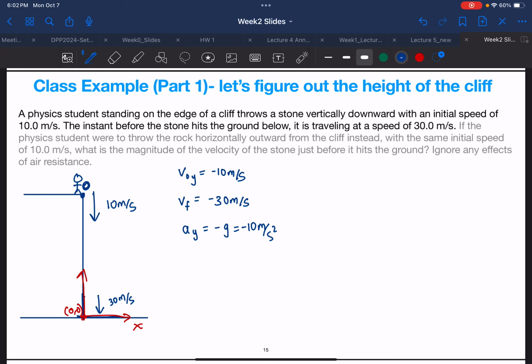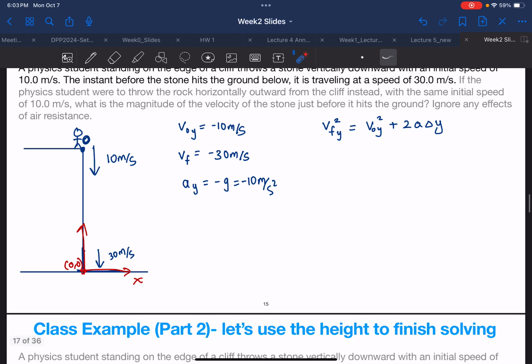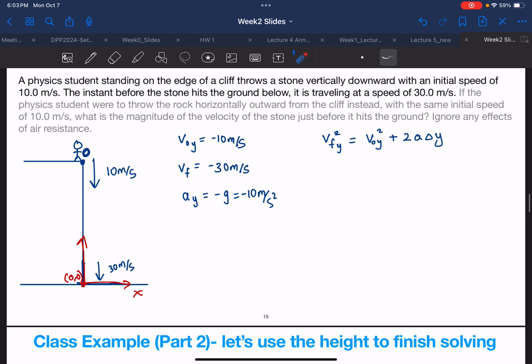Now to figure out delta y, the equation that's going to help us get there is v final y squared equals v initial y squared plus 2a delta y. Before we plug everything in, let's symbolically solve for delta y because that's what we're looking for.